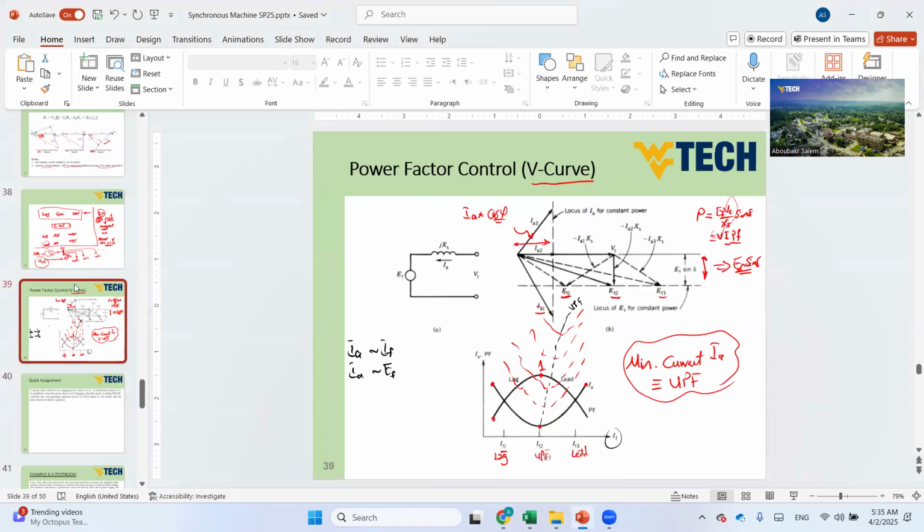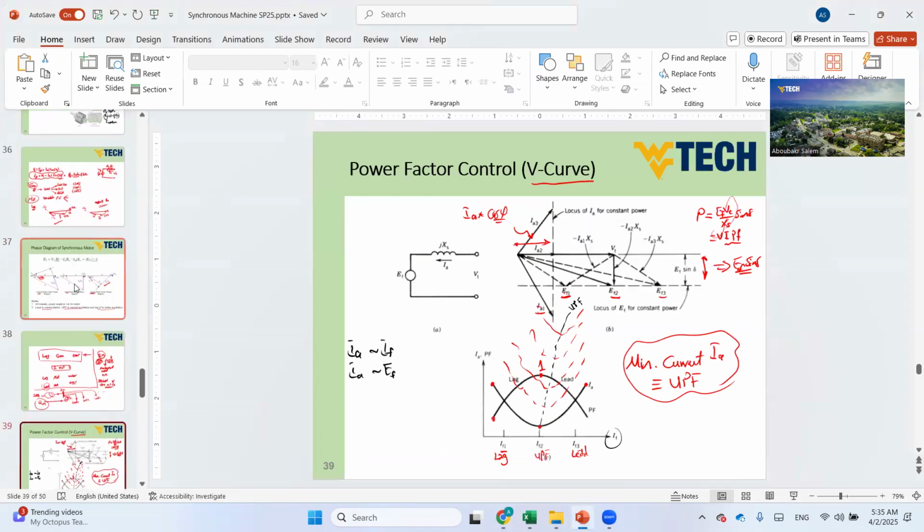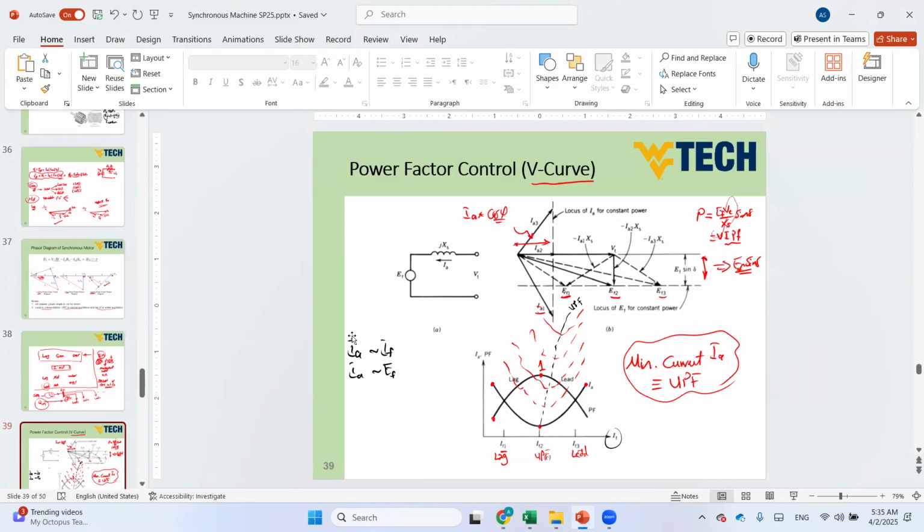In the last session, we discussed together the power factor control of the synchronous motor, and we agreed that the synchronous motor can work in different power factors, depending on the excitation mode. So it can work as an overexcited, normal, or underexcited motor, and the power factor is going to be controlled according to the excitation magnitude.